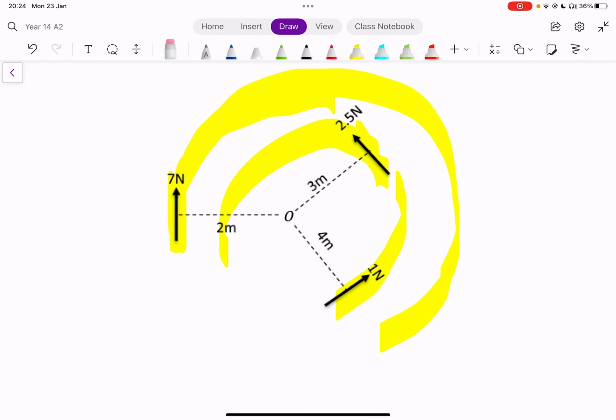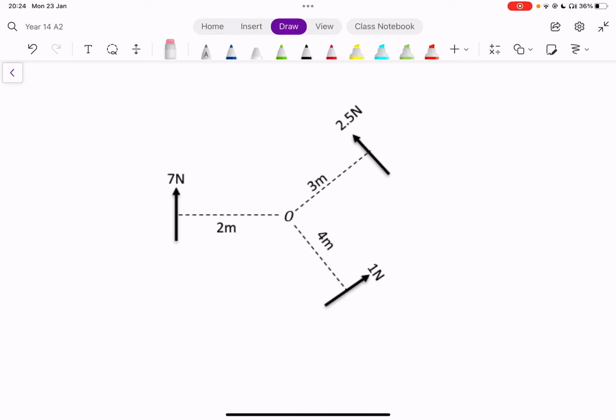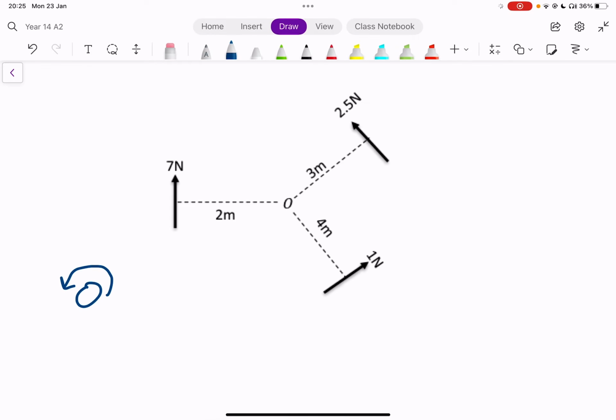But the ones going clockwise, I'm going to guess, are smaller. So I'm going to say it's going anti-clockwise, and we'll see. I might be wrong, and if I'm wrong, we can just correct it.